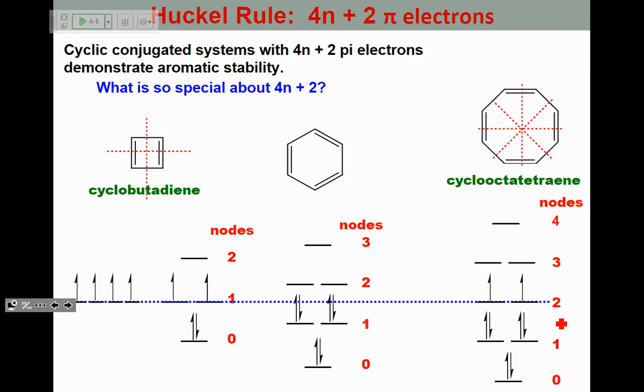This is much more reactive than you would expect a conjugated 4 pi system. So compounds that don't agree with 4n plus 2 pi, but do have that cyclic conjugated closed system are what we call anti-aromatic. And unlike our aromatic compounds, they're super reactive and super unstable. And again, it all has to do with the HOMO, and it being unpaired and higher in energy.